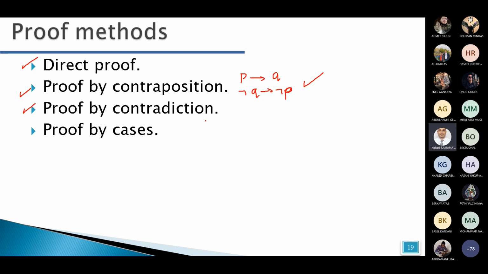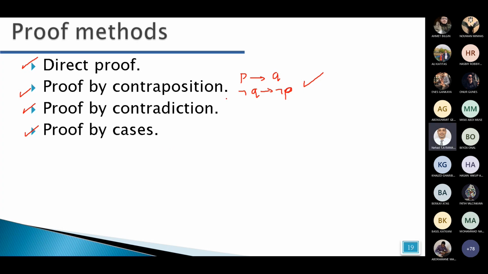So if it's impossible to happen, then the opposite of our assumption is not correct, which means our assumption is correct. The idea is like this. We will take examples. Proof by cases: if the statement has specific cases, we can take each case and prove the case is correct, so the whole statement will be correct.